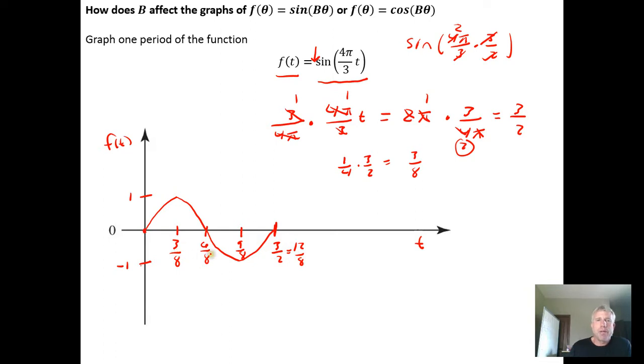I know that we're always taught to simplify fractions. I think sometimes when you're graphing these trig functions, there is some glory in leaving a common denominator. So 3 times 1, 3 times 2, 3 times 3, 3 times 4 is 12 over 8. This actually isn't a bad way to label the axis, in my opinion.